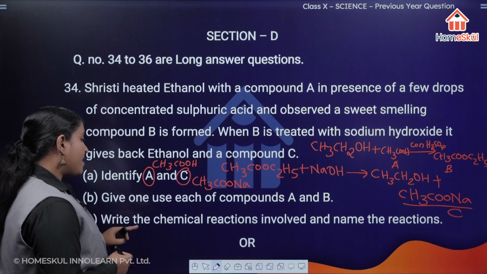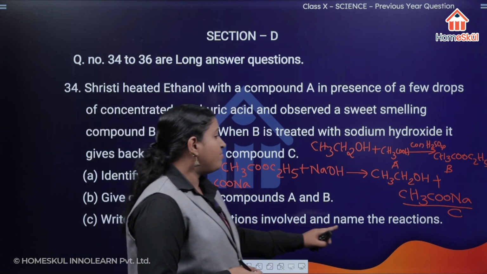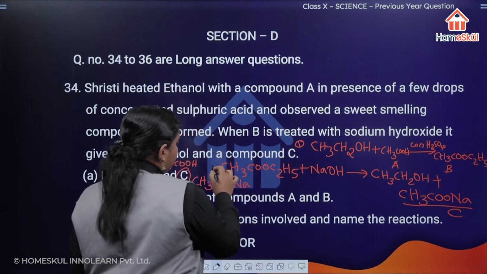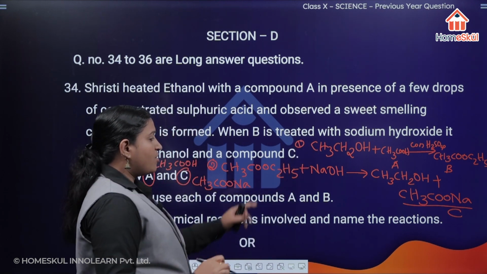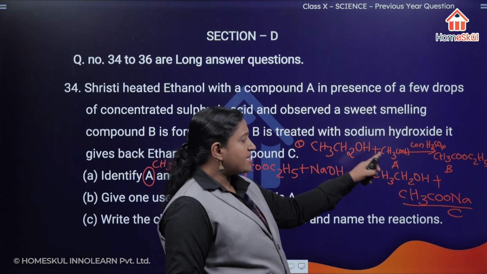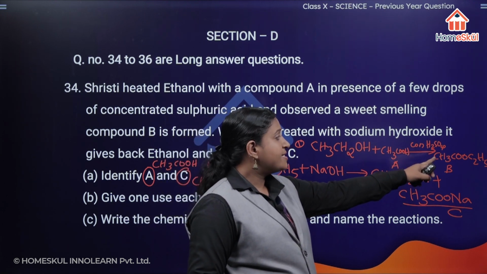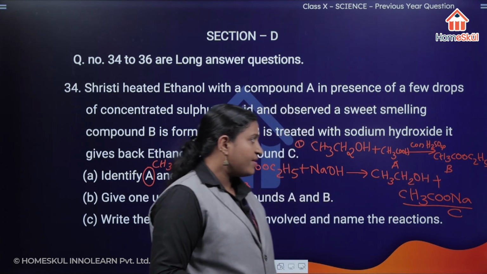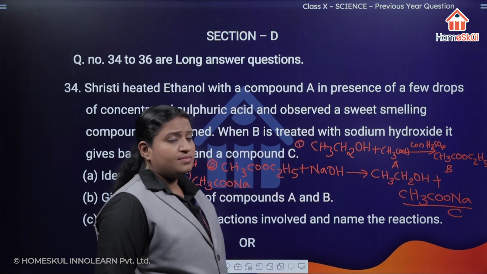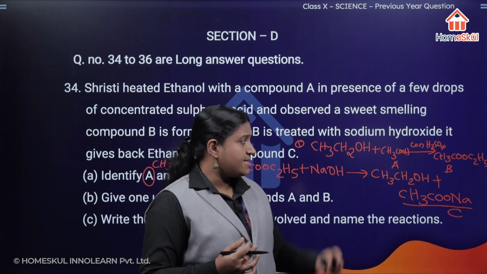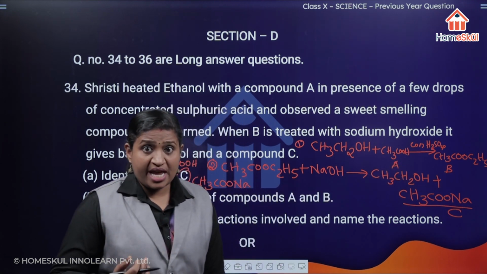Write the chemical reactions involved and name the reactions. So, this is the first equation and this is the second equation. First, alcohol combines with acid in the presence of concentrated sulfuric acid. You got CH3COOC2H5. So, what is that step known as? Here we got an ester, right? So, that is esterification.